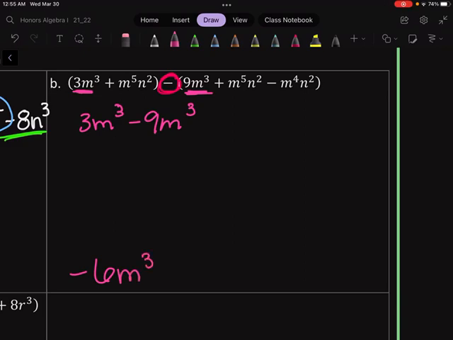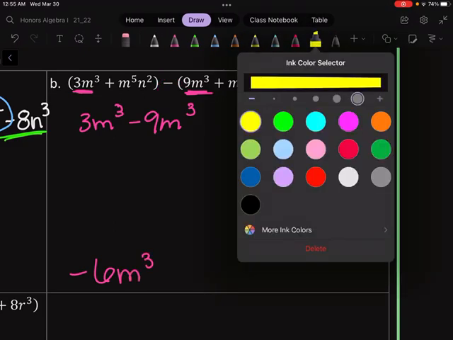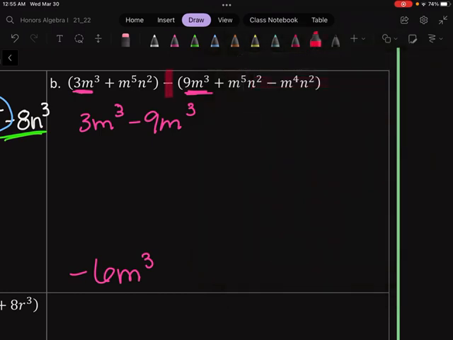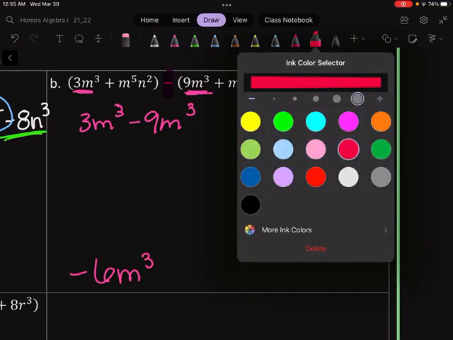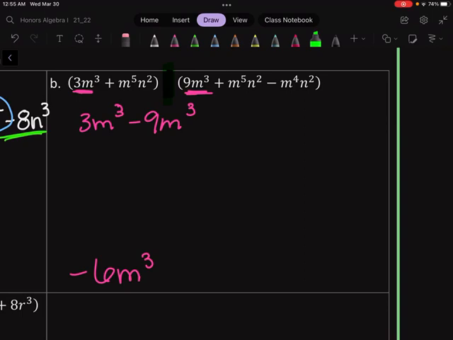Okay, so let's highlight that in that color. I don't know if that really will make a difference, but we got to make sure we are actually subtracting if you do not distribute. So then I'm going to go to this guy. That's m to the fifth, n to the second. So I got another one here. M to the fifth, n to the second, minus m to the fifth, n to the second. Oh, well, that cancels out.